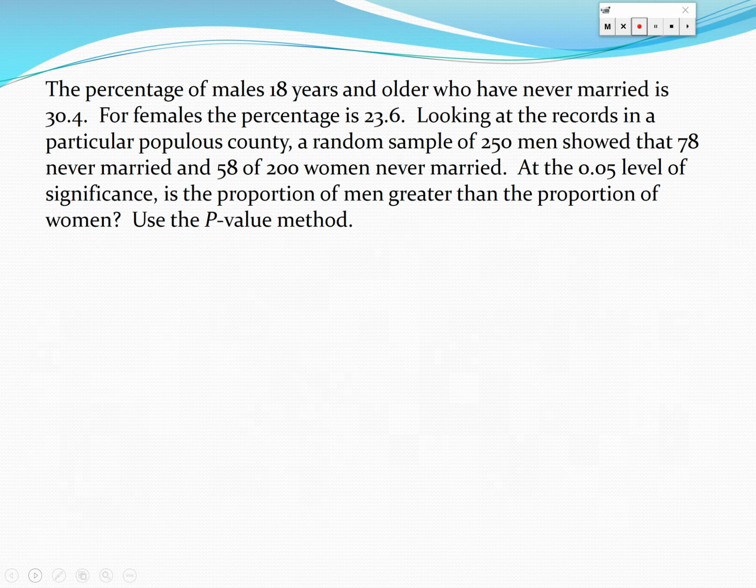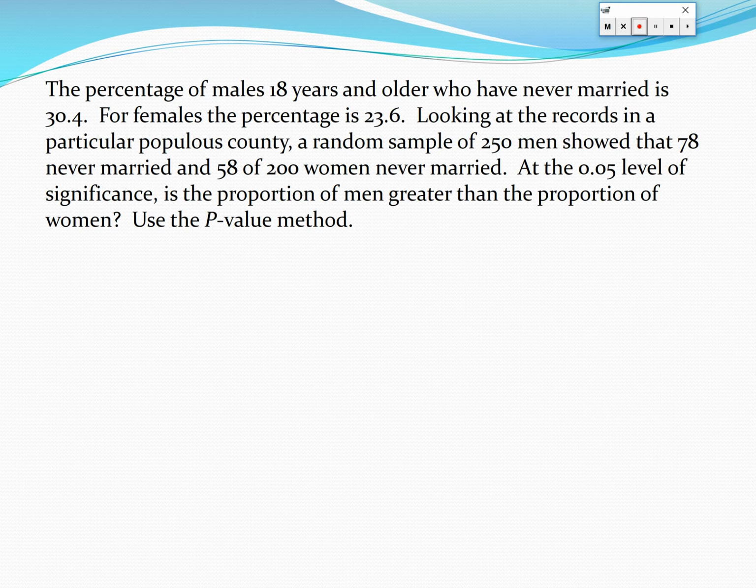All right, since you guys had already outlined all that stuff, let's take a peek at our examples. So just go ahead, take a minute and read through the question. All right, so since we are comparing two different proportions from two different populations, we have our males and our females.